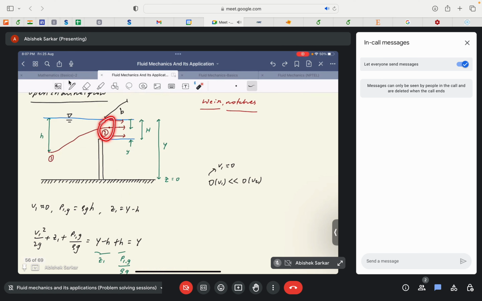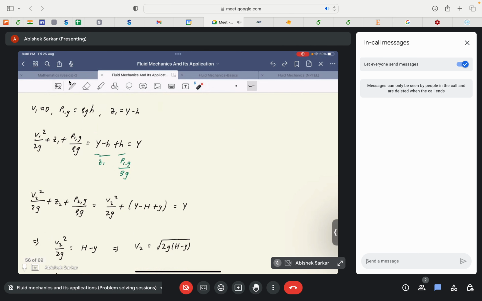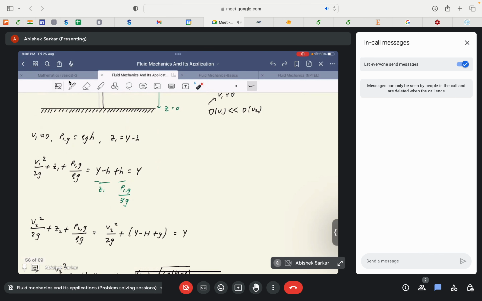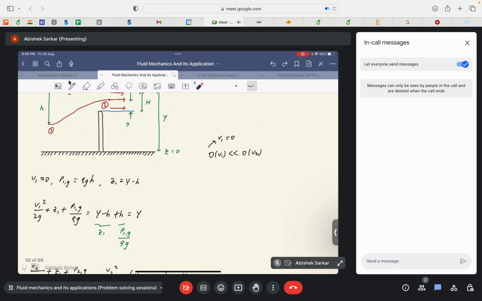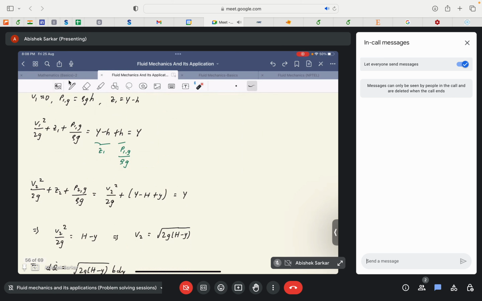v2 is now non-zero, so we cannot directly take it to be 0. We now have to play with these terms. z2 would be equal to y minus h, so y minus h plus y, and p2 can ideally be taken to be 0, because we assume that the flow from the notch or the weir comes out as a free jet.